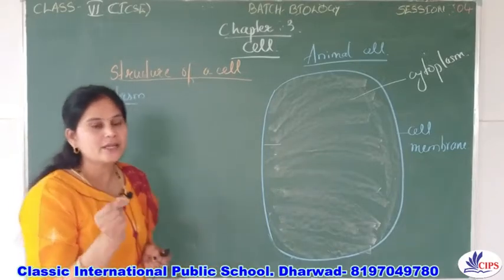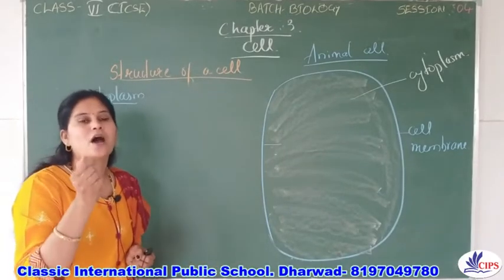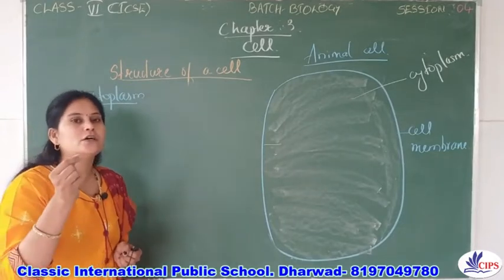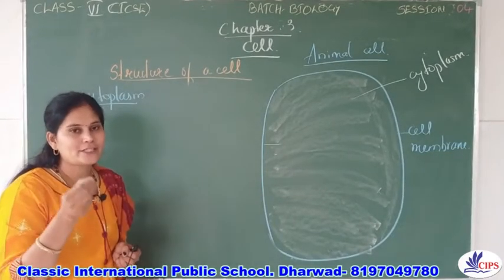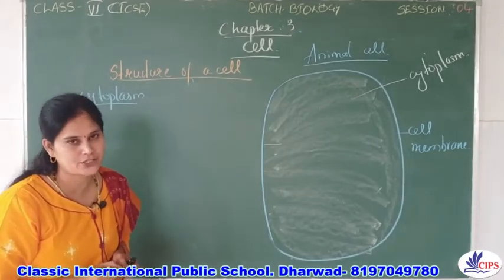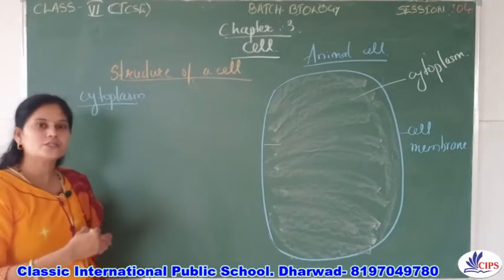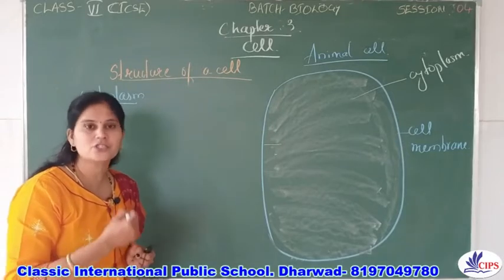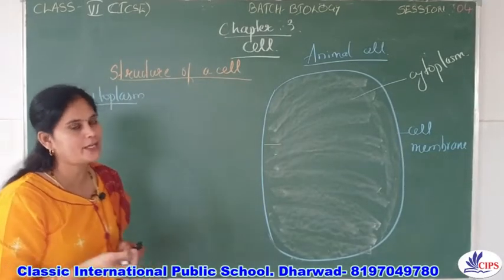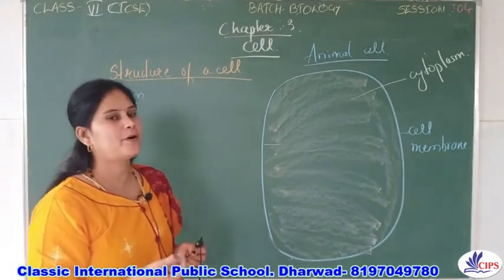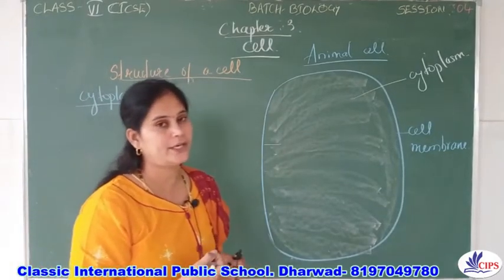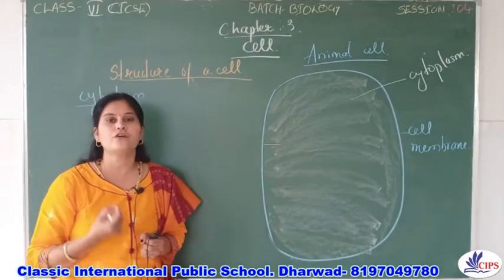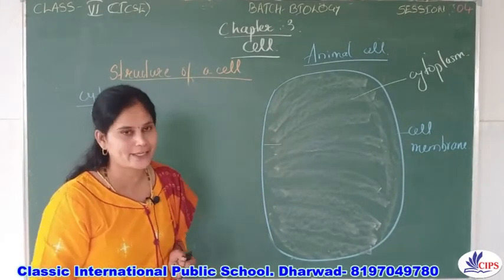It means that these cell inclusions are nothing but the droplets of fats or of proteins, right? So the cytoplasm is made up of the living structures called cell organelles, and it also contains the cell inclusions like the droplets of proteins and fats, right?